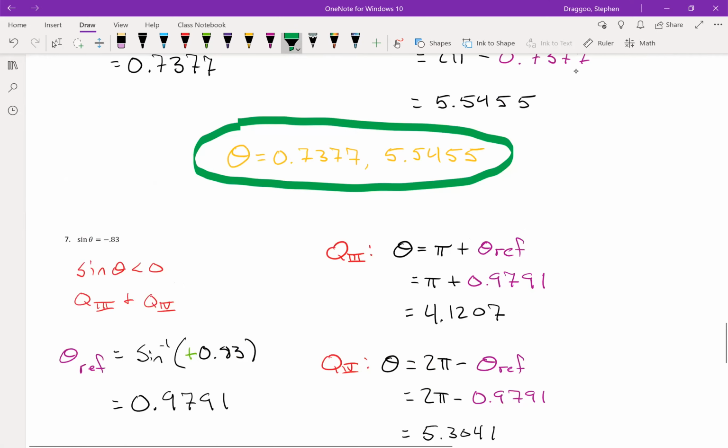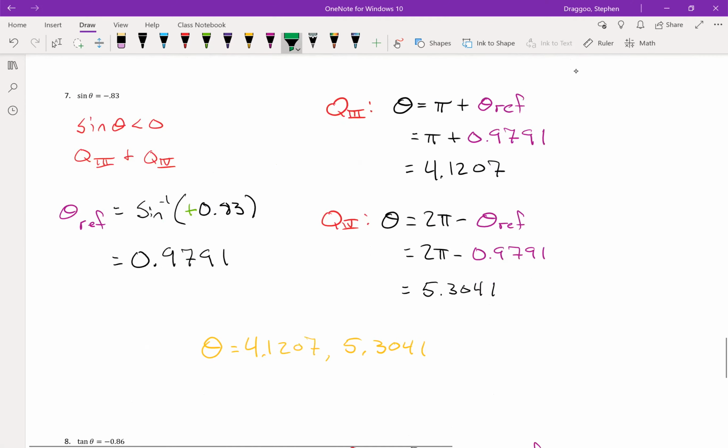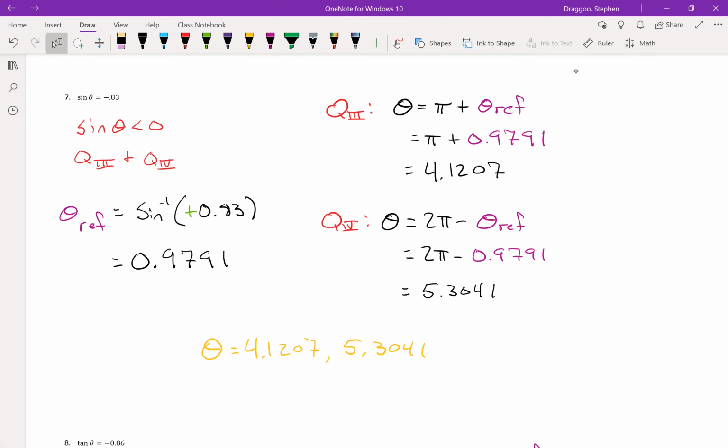If we move on to problem 7, now we have sine of theta is equal to negative 0.83. So now we're going to work with a negative value for whatever that sine number is. This time I know that sine of theta is less than 0 because it is equal to a negative number, which means my solutions should be in quadrants 3 and 4.